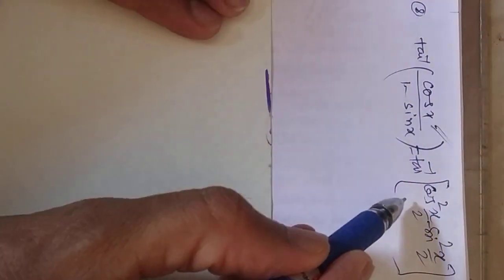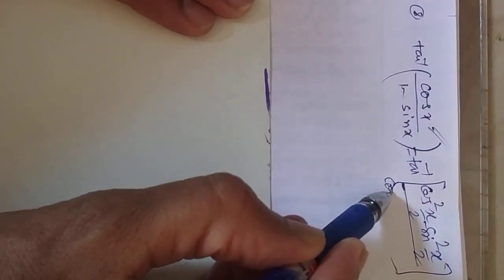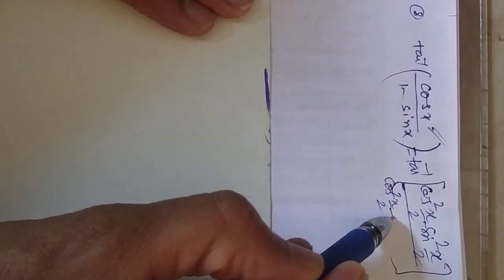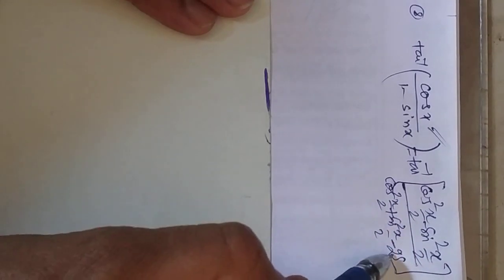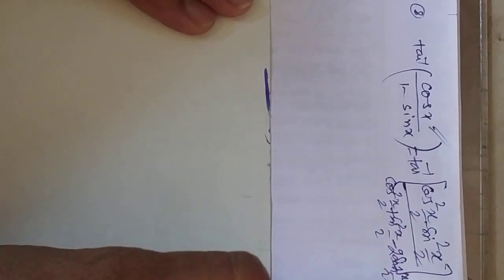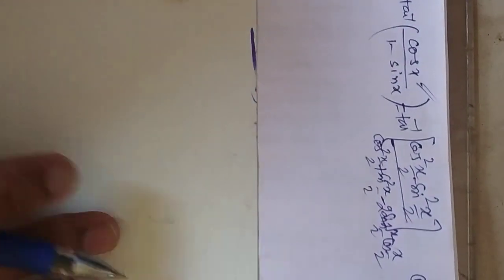How many of you have followed what is the logic behind? It is nothing but cos of 2 theta formula. Similarly, over here 1 can be written as cos square x by 2 plus sin square x by 2 minus 2 sin x by 2 cos x by 2. Clear?